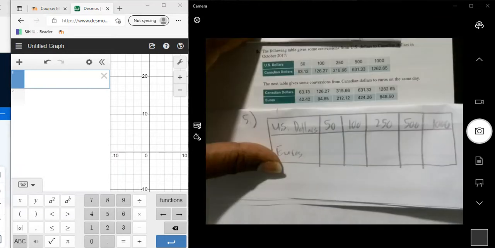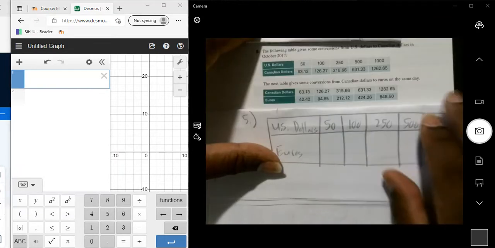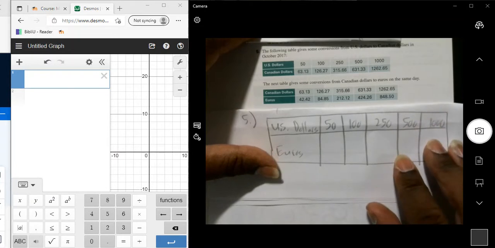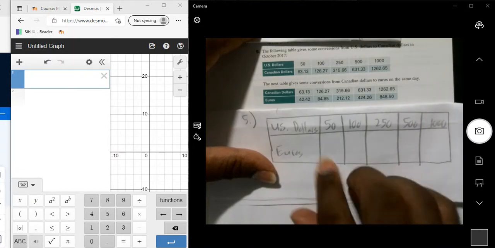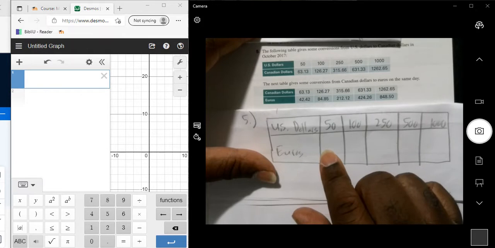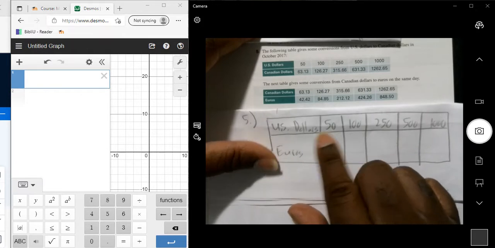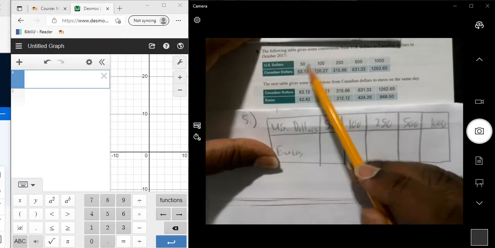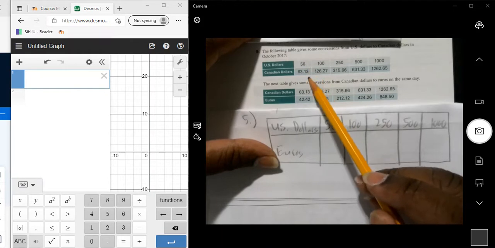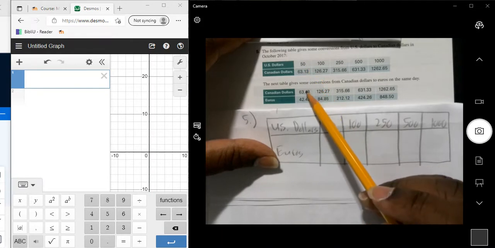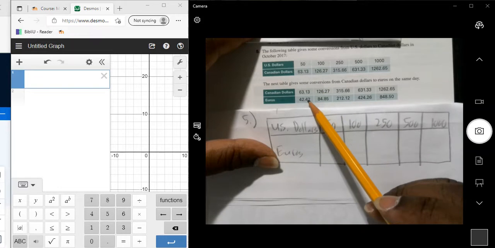Okay, I took the liberty of basically drawing the table here.